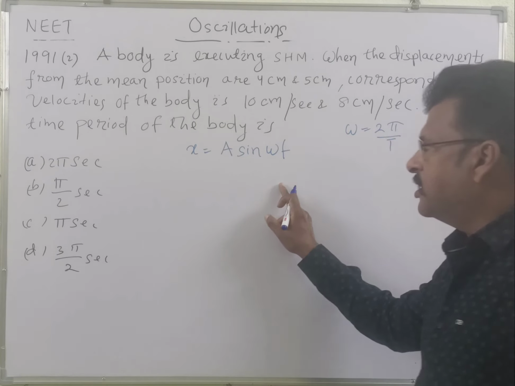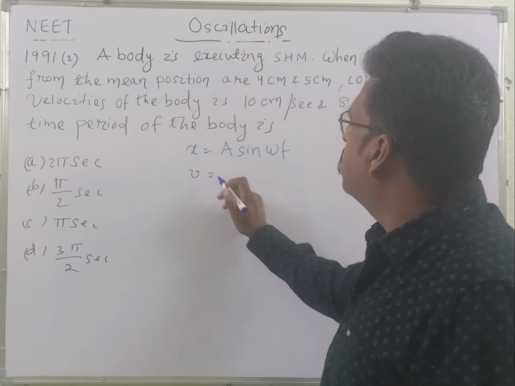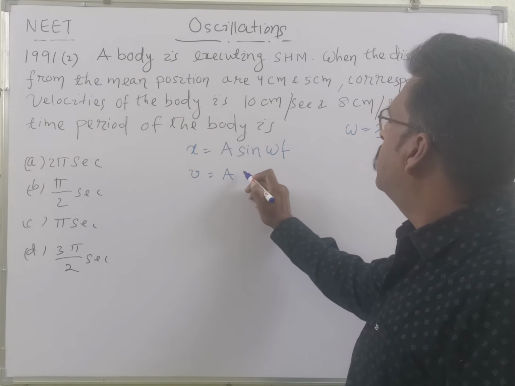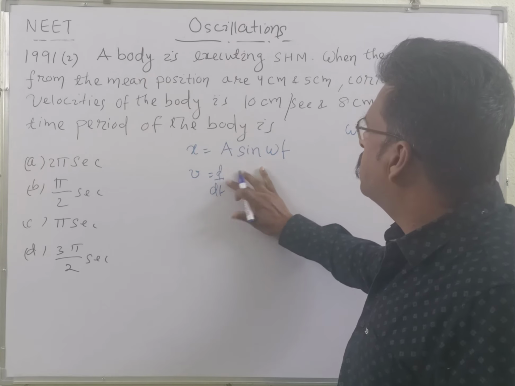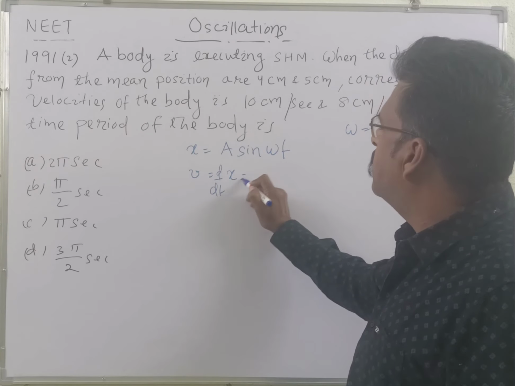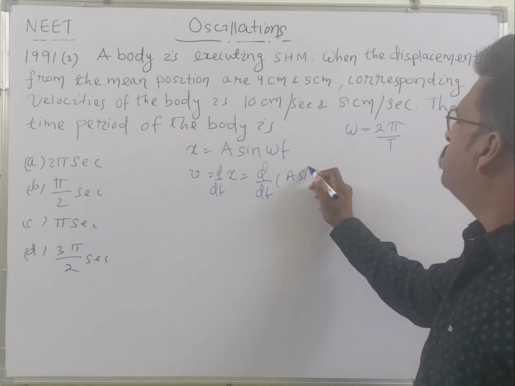You know this, student? Then what is velocity? Velocity of the particle will be the time derivative of the displacement, that is dx by dt, and this will be d by dt of a sin omega t.